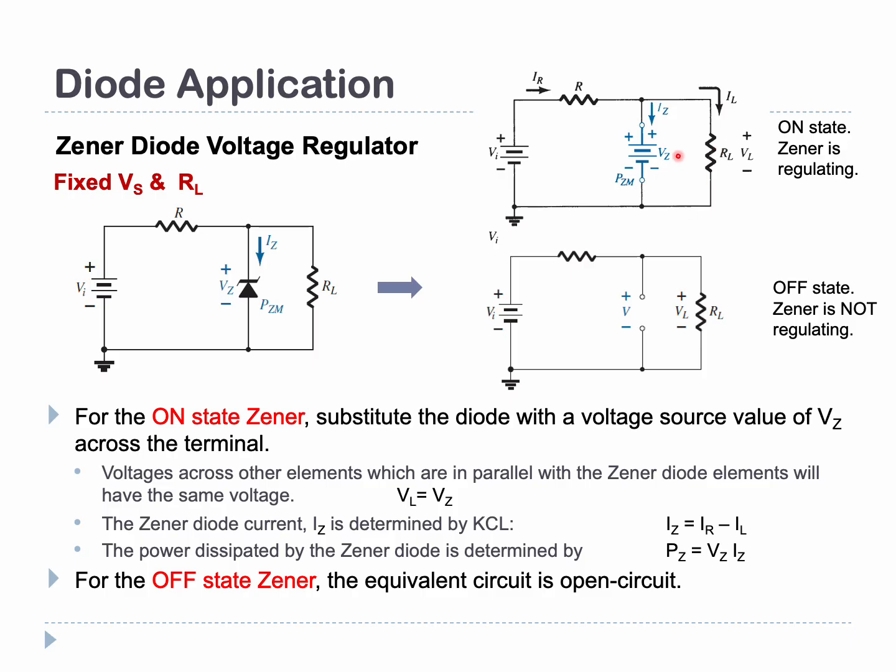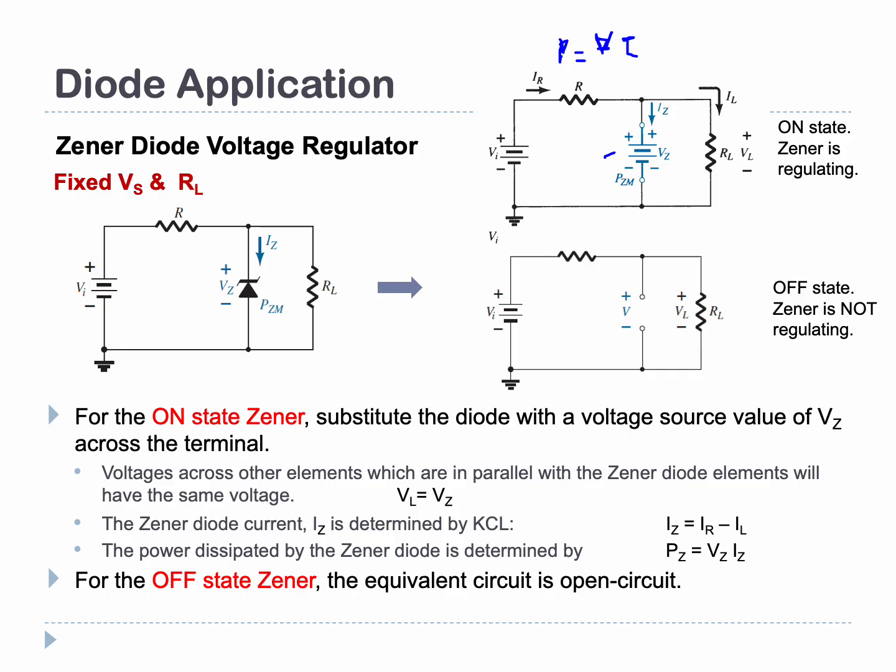And then once you know how much current is flowing inside the zener, we can always determine the value of power. Okay, so power, I think you also should know this. How to calculate power? Power is equal to V, voltage, right? It's very difficult to write like this. V multiplied by I, right? So voltage is based on the voltage of the zener, and the current I will be the value of IZ.